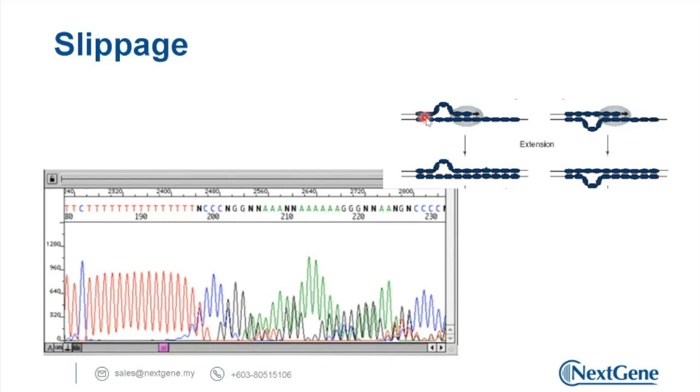This shows the possibility of how slippage happened. The T here caused some loop or hairpin, and that's why it caused an additional T or lacking an additional T. Therefore, instead of a T, we see the next one over here, or we have an additional C over here, and therefore the signal has been overlapping and overlapping due to the slippage and also the generation of additional or lacking one base.